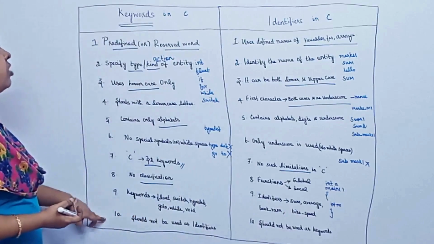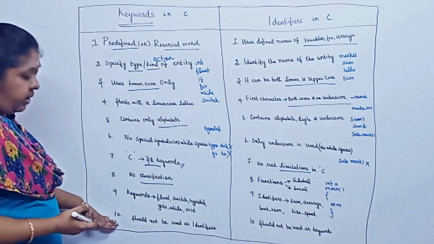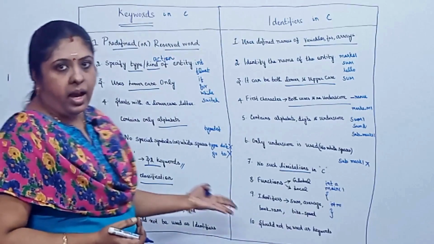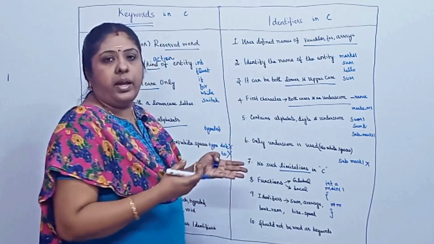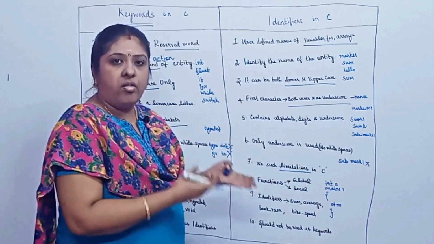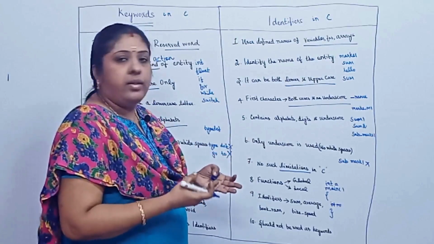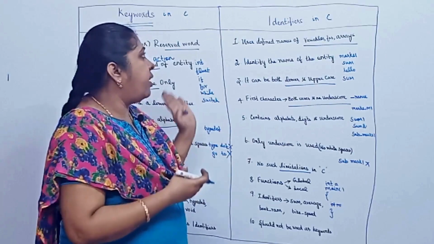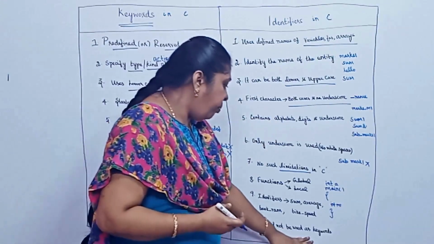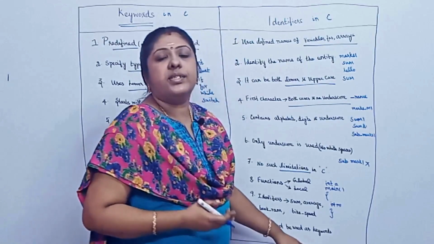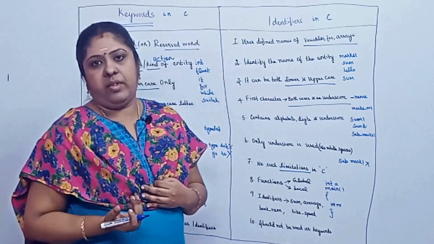And then the last one: keywords cannot be used as identifiers. That is, we cannot give a variable name as int, integer, constant, while, or some of the other keywords. They cannot be used as identifiers. Likewise, identifiers cannot be used as keywords.